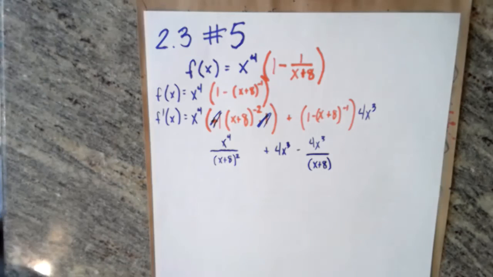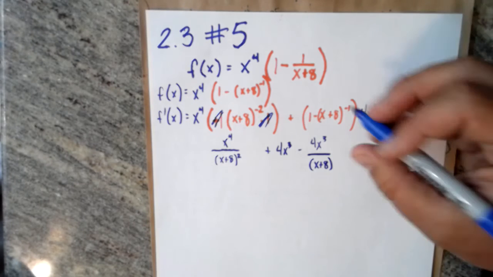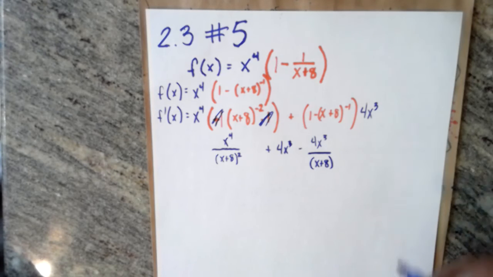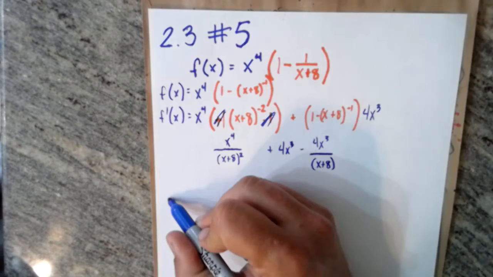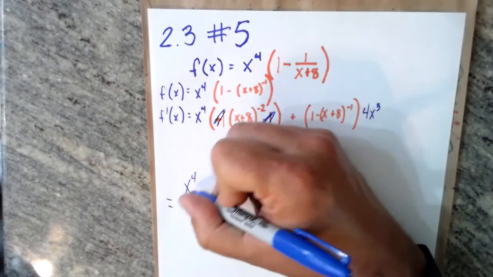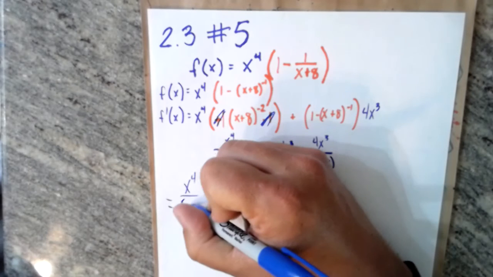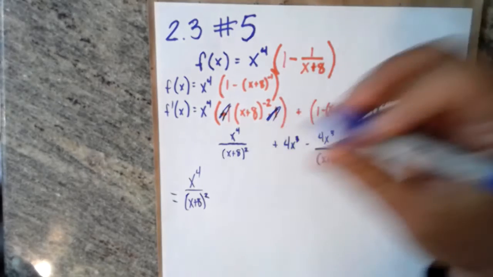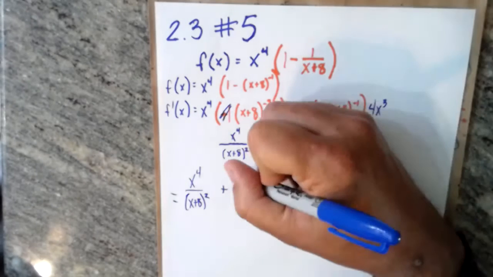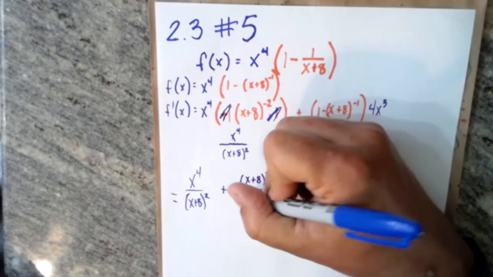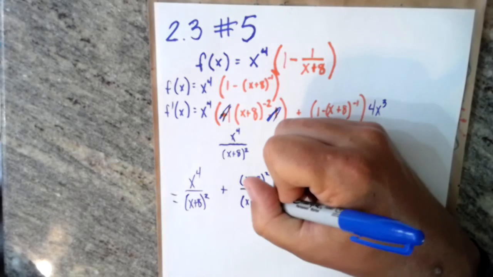Now, we want to get a common denominator so we can combine these things. So let's get an (x plus 8) quantity squared on the denominator. We don't have to multiply this one by anything. I'm just going to spread out a little bit. X to the fourth over (x plus 8) squared. I need to multiply this, it's a plus sign, (x plus 8) squared over (x plus 8) squared.